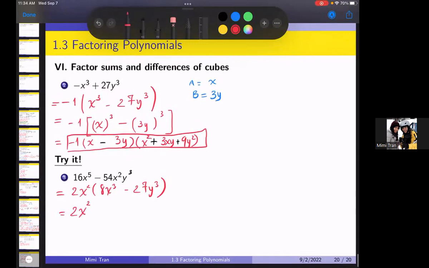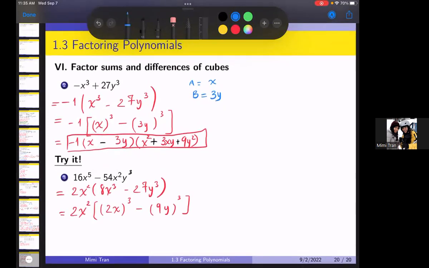Once you factor out the GCF, just bring it along. Don't think about it anymore. I'm going to rewrite 8x cubed as 2x, all of that cubed, and 27y cubed as 3y cubed.